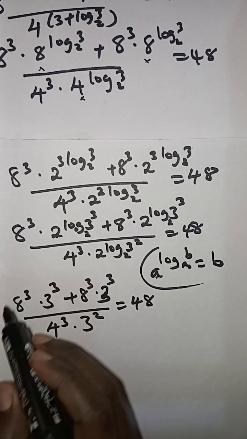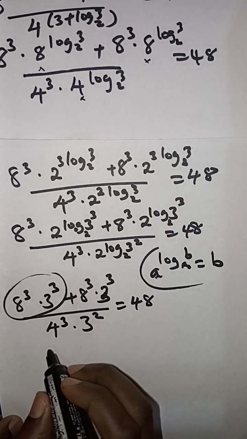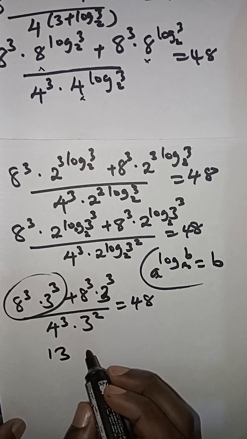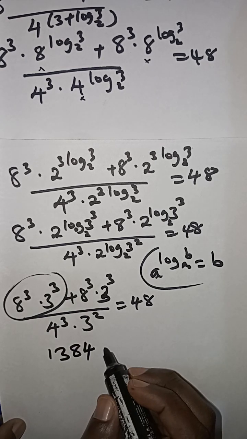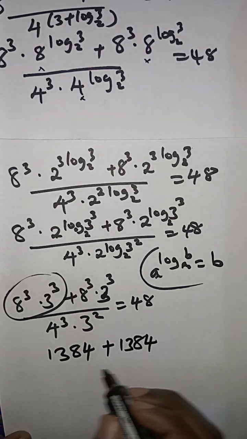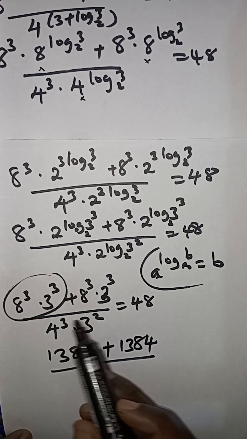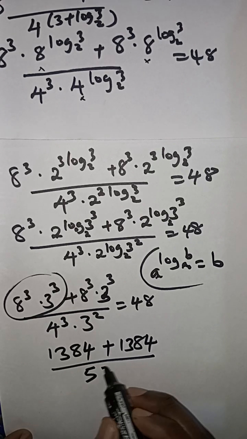Of course, computing this in our calculator, this one alone, I'm going to end up with the value 13824, plus also 13824. And also punching this in my calculator, I'm going to end up with 576.